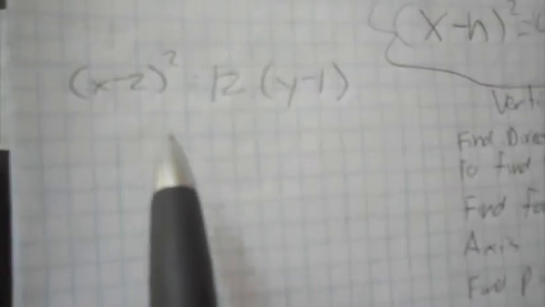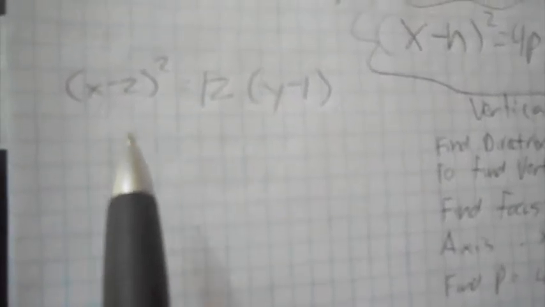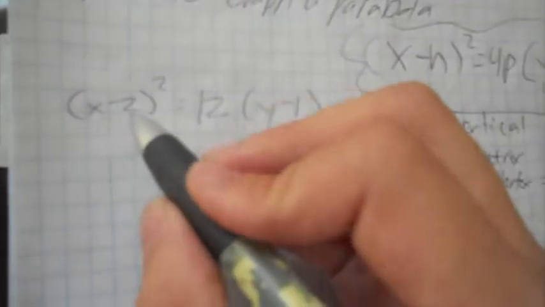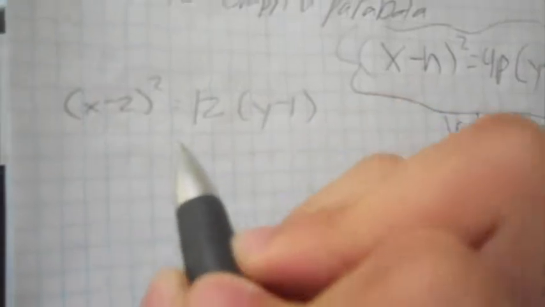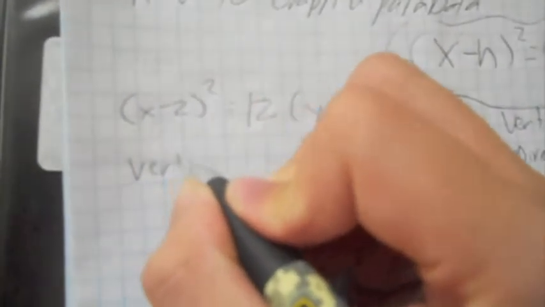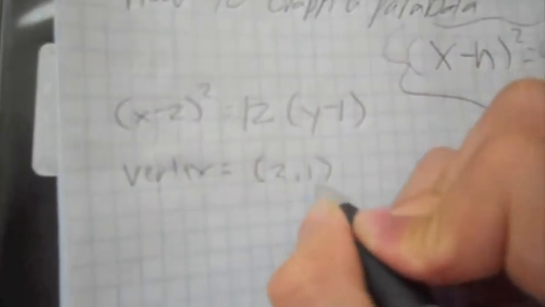And what you can find just from the equation, here's our sample equation right here, is the vertex, which is just (h, k). So our h right here is going to be 2, and our k is going to be 1. So our vertex is going to be (2, 1).